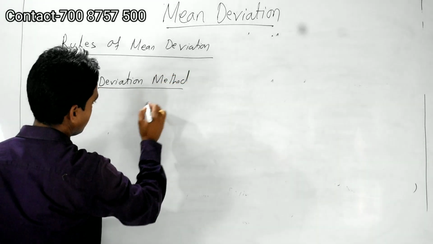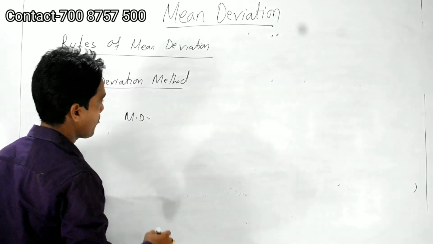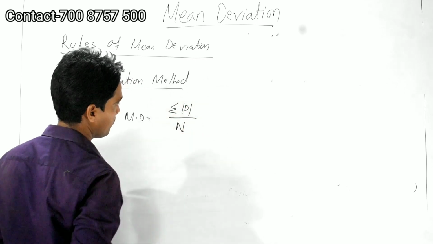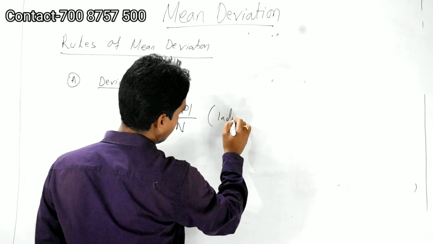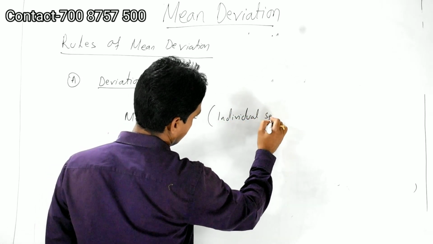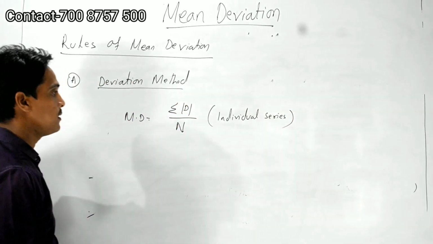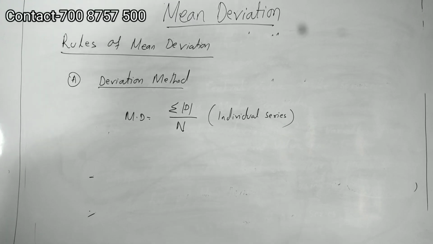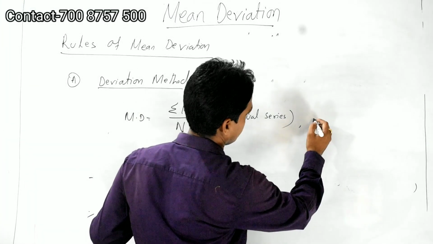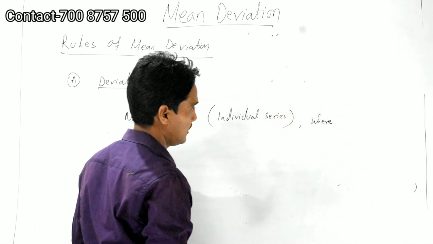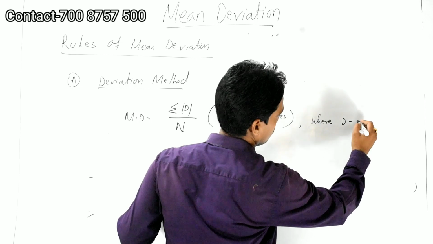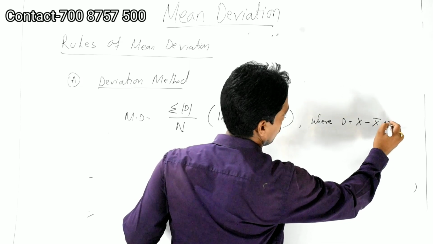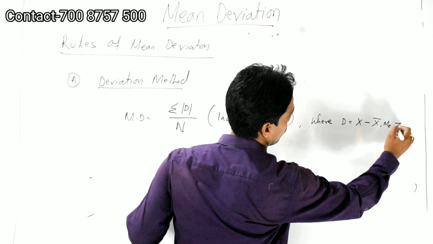Mean deviation equals summation d mod by n in case of individual series, where d equals x minus x bar, or median or mode.